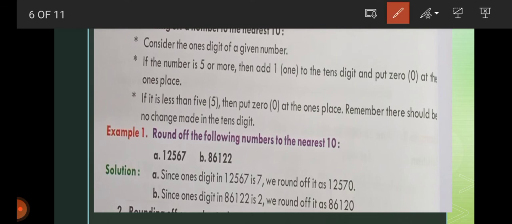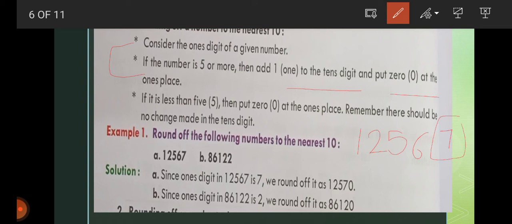Consider the ones digit of a given number. If the number is 5 or more, then add 1 to the tens digit and put 0 at ones place. See here, first example, it's 12,567. According to this rule, for rounding off to the nearest 10, you have to check the digit at ones place.